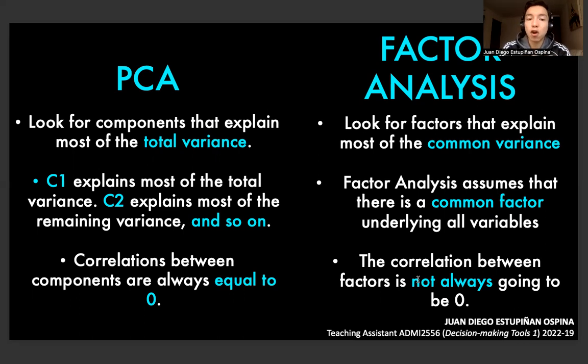Finally, in terms of correlations, there is a significant difference between both methods, because in PCA we always get a correlation between the components equal to 0. Nevertheless, in factor analysis, the correlation is not always going to be 0 between the factors that you are creating.